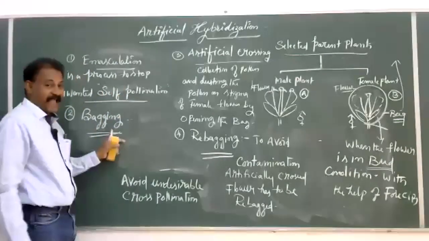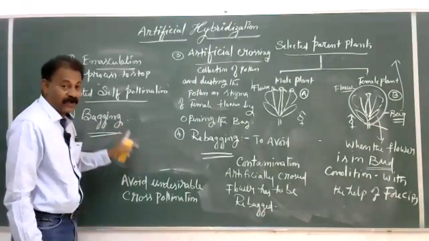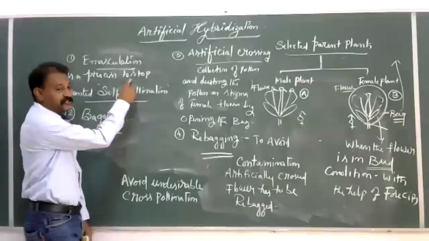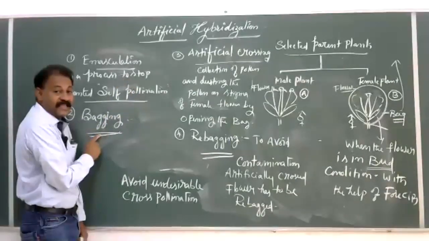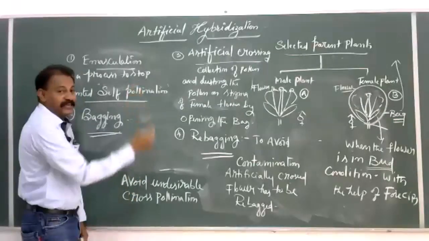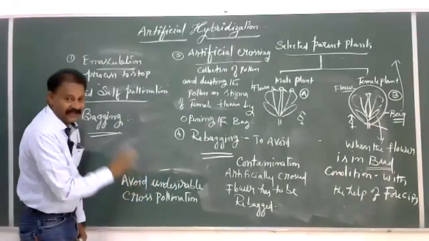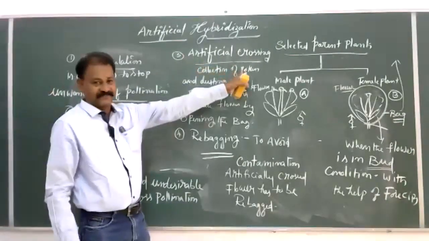After this, bagging. The purpose of bagging is to avoid self-pollination after emasculation, and to avoid cross-pollination. Both self-pollination and cross-pollination are undesirable, because we want artificial crossing.